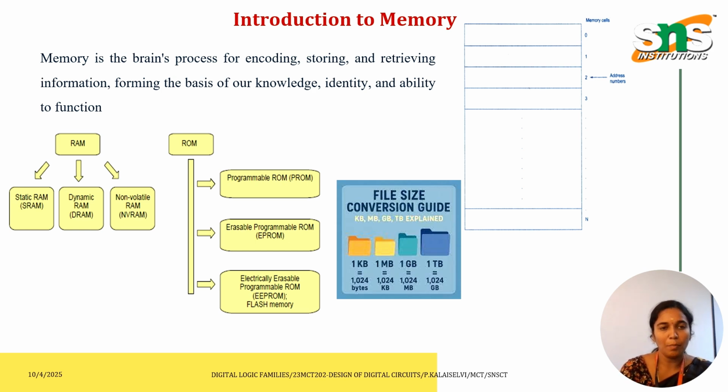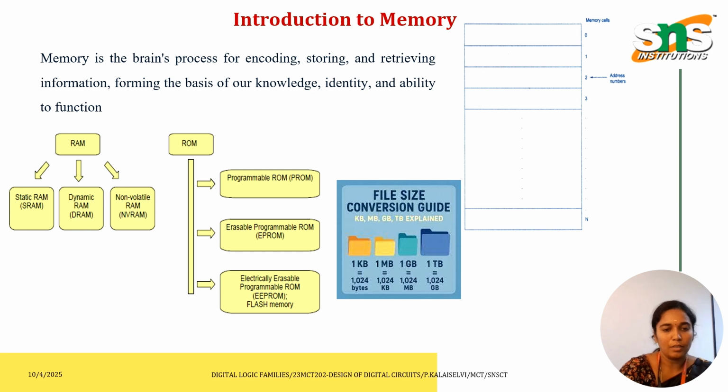It also enables the digital system to store instructions and manage the inputs and outputs efficiently. Memory has two types, that is RAM and ROM. RAM is a volatile memory and ROM is a non-volatile memory.